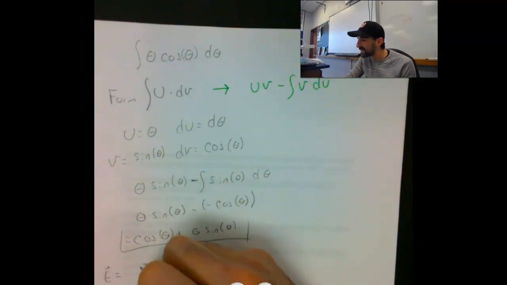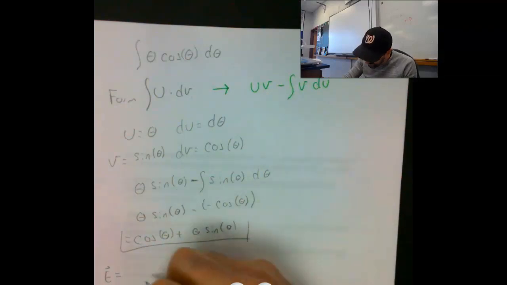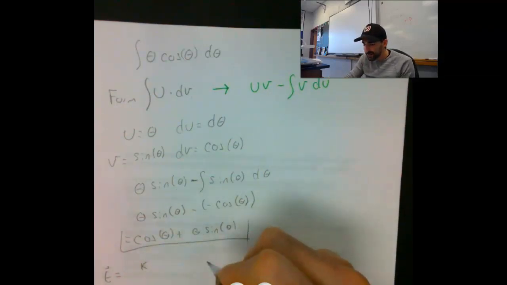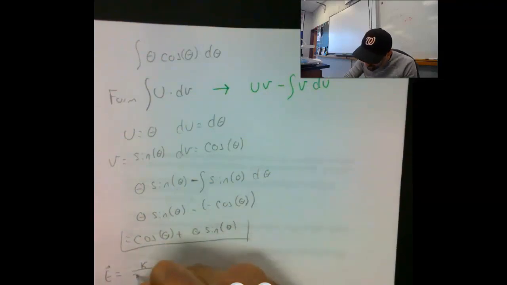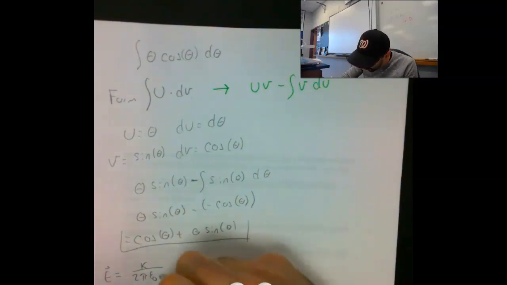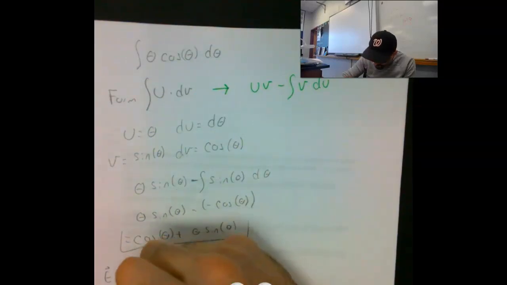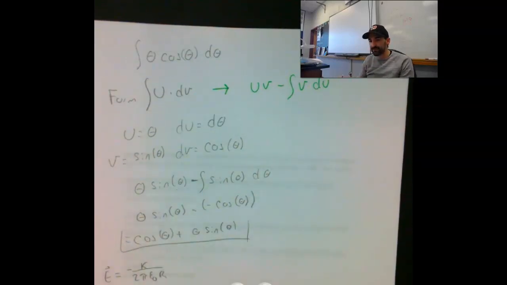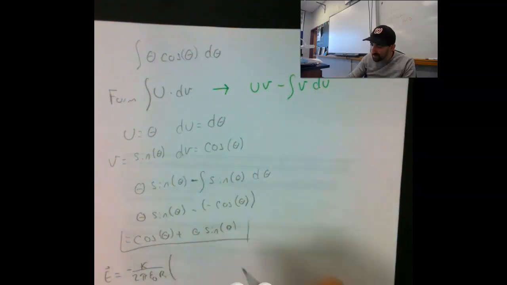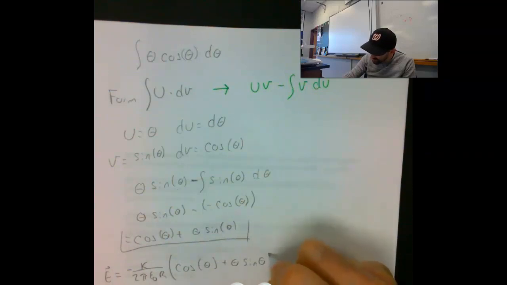My K stays, my R is gone. So I have K divided by 2 pi epsilon 0, R on the top is gone, over R, negative K, because I pulled out that negative before, times what I just got up here, which is cosine theta plus theta sine theta.